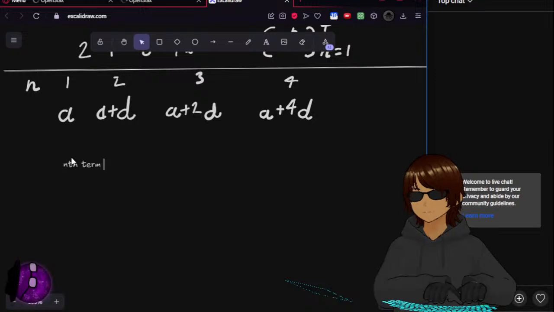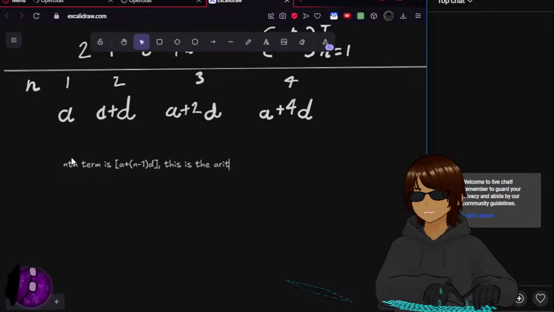Nth term is a plus n minus 1 d. This is the arithmetic sequence.